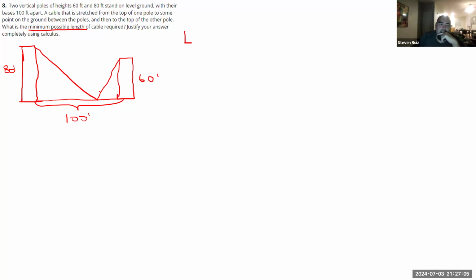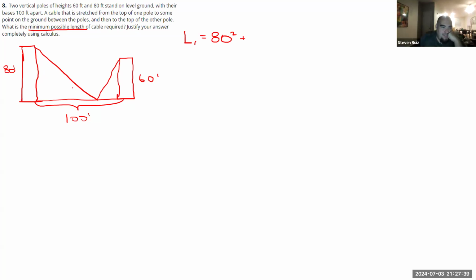So I think I'm going to have to use the Pythagorean theorem here. So let's do length 1. It's going to be 80 squared plus what? 80 is definitely that vertical distance, but what's the horizontal distance from the base of the left pole to the point on the ground where this cable is anchored?